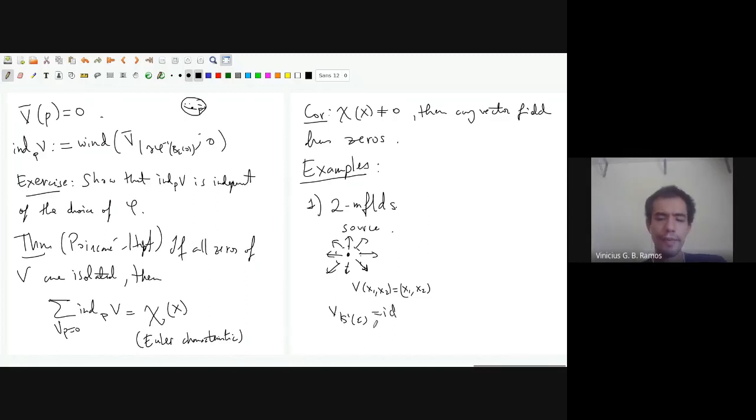If you divide by the norm, it's going to be the identity, or something homotopic to the identity for any source. And what is the degree of the identity? Just 1. So the index is going to be 1.